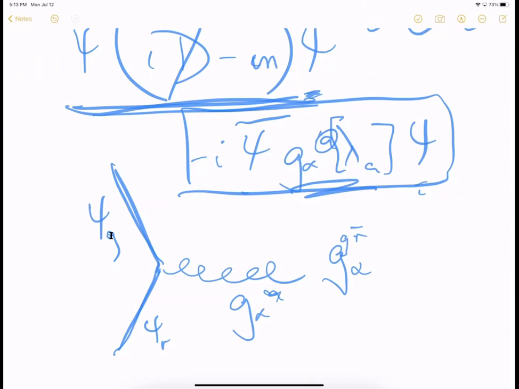All right. So don't panic over the labels, but we'll try to look at one interaction at a time so that it's clear what the various indices refer to.